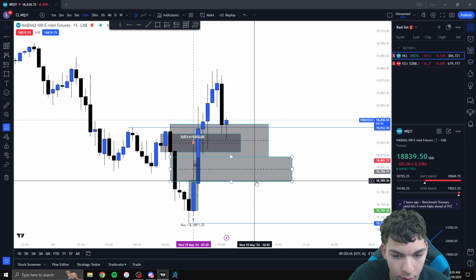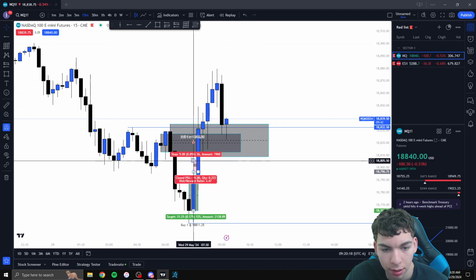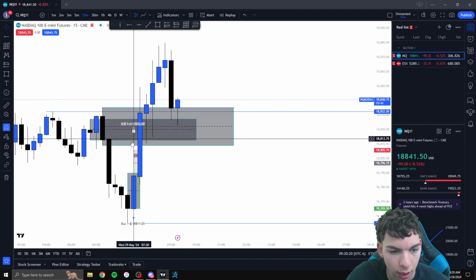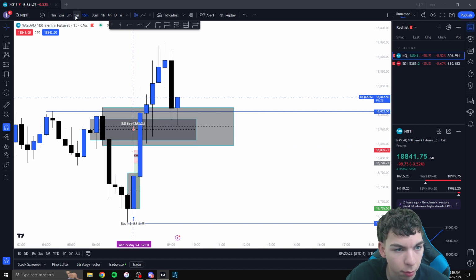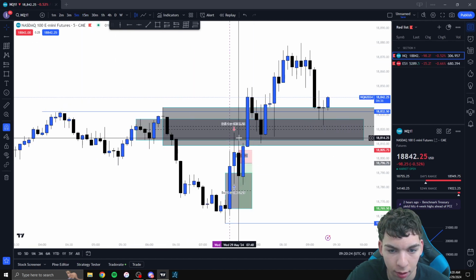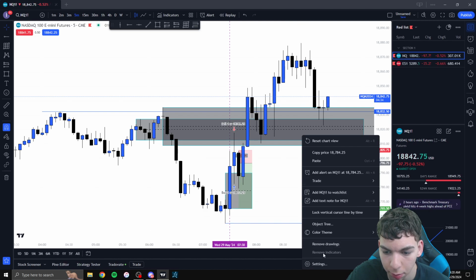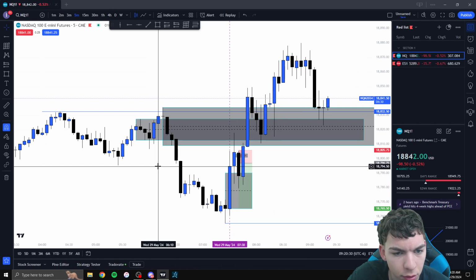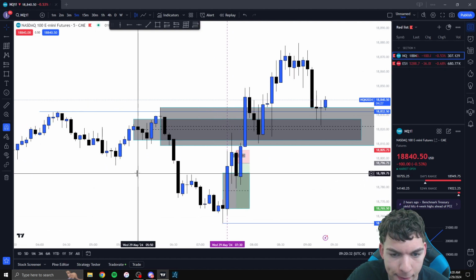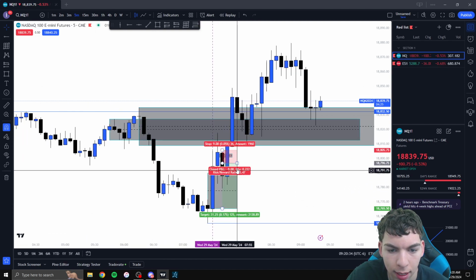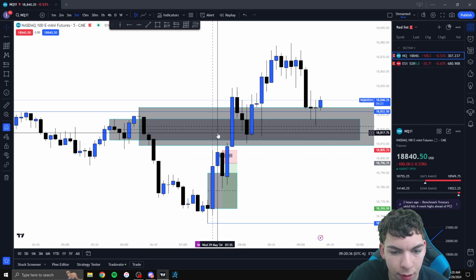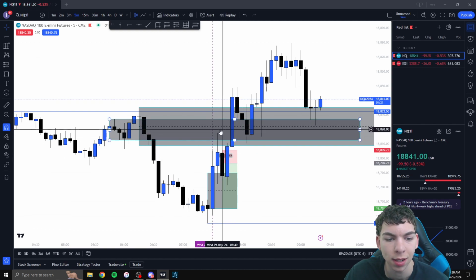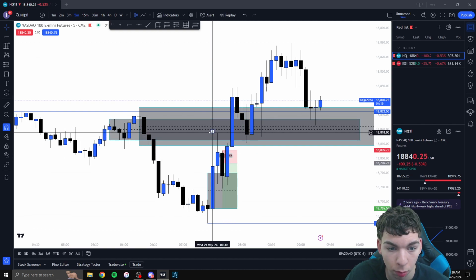So it gets right into this unicorn, or not a unicorn because the fair value gap's not right there, but let's go down to the 5-minute. You can see my executions right here. I'm going to turn them off because they're kind of distracting. But you might ask, why did you not enter right after price wicks into the breaker block and order block?